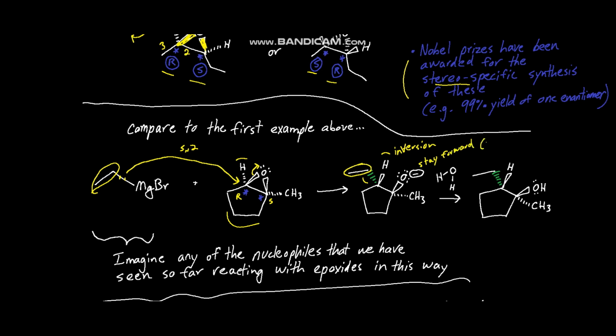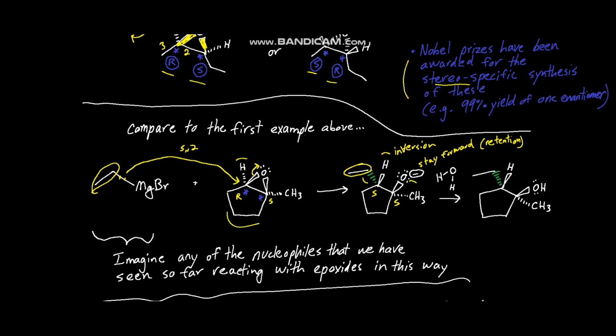In other words, retention at that position. And let's verify that. We can say groups 1, 2, 3. That's clockwise, but the hydrogen's pointing toward us. So it's inverted now. It's S instead of R. This, however, remains S. 1, 2, 3. Counterclockwise, S.